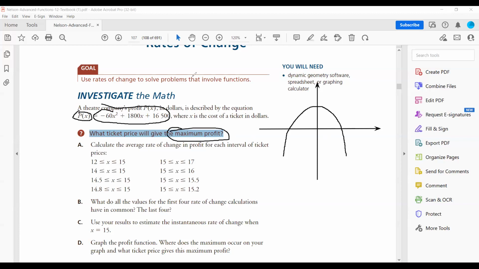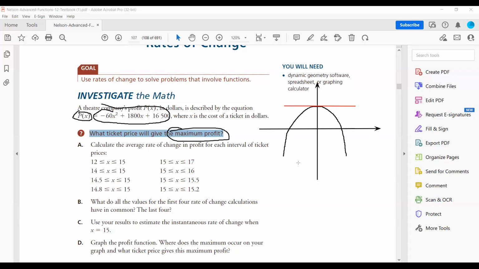By looking at this graph, which point do you see as a maximum profit? I can tell you for sure, it's going to be the highest point of this graph.